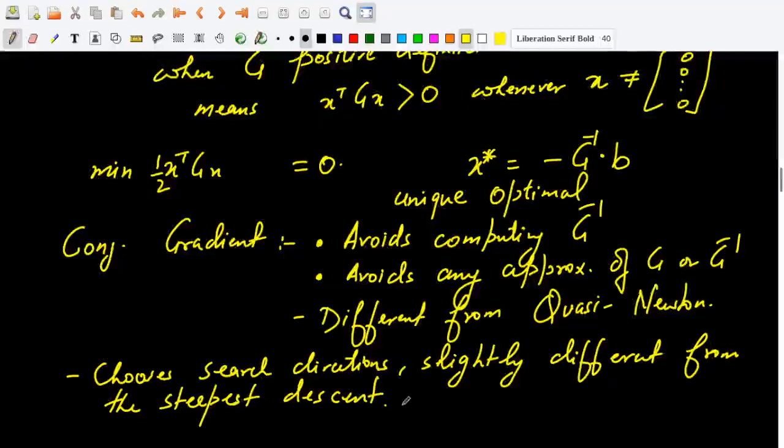It leads to global convergence, but is sometimes slow. So conjugate gradient tries to improve upon the steepest descent by picking the steepest descent direction and then modifying the direction slightly. So Sk is equal to minus Gk plus something. Okay, so this correction term actually gives a slightly better method.